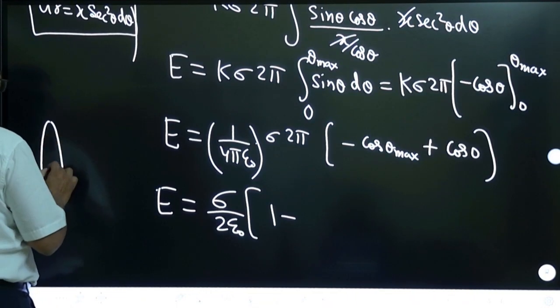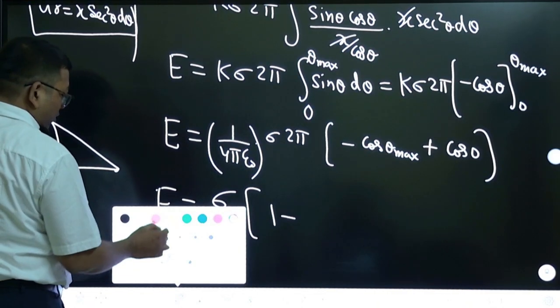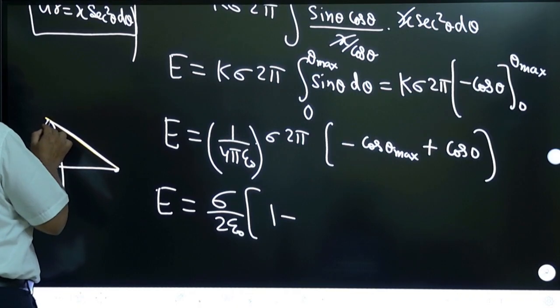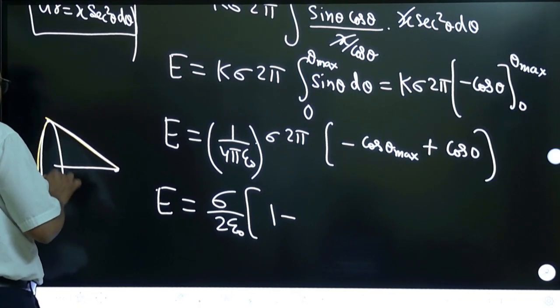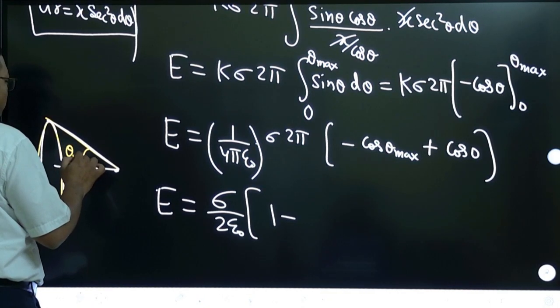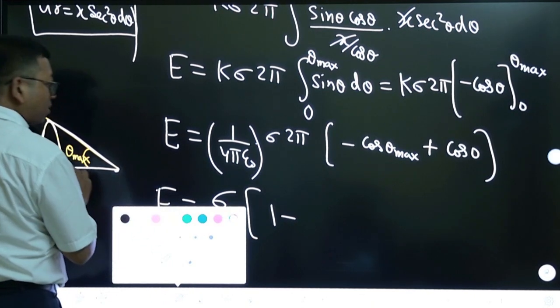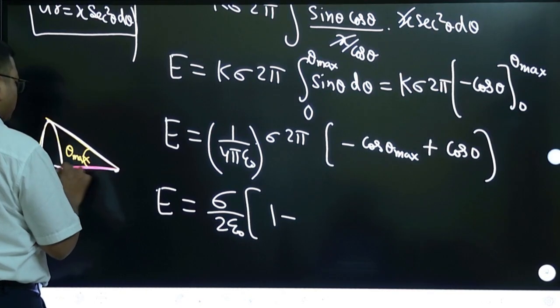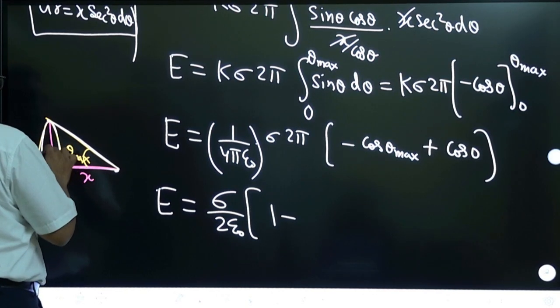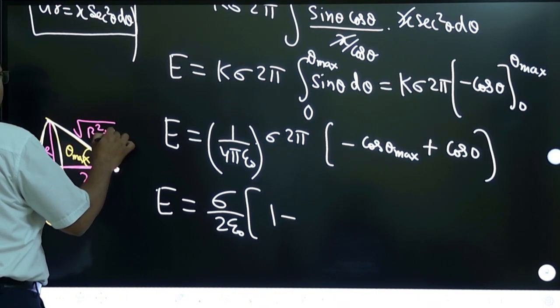Suppose this is the disk, and if you take the last element here, the last means the outermost ring, then this angle is the maximum angle, right? This is maximum angle. So what is the maximum of cos? Because this is x and this is r, and this will become root under r square plus x square.